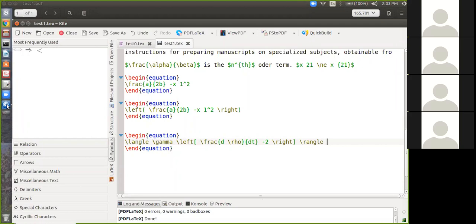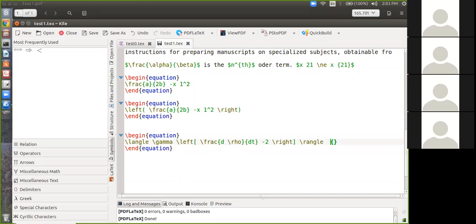Now I need that subscript. Why is it not showing the subscript? For some reason it is not showing. I am typing subscript here after rangle. Due to some color problem, it is not showing.